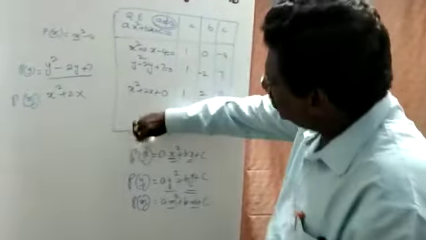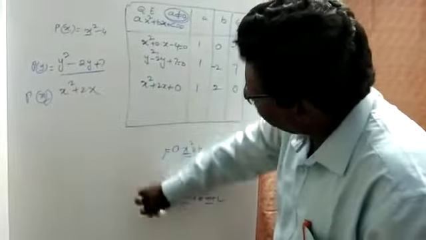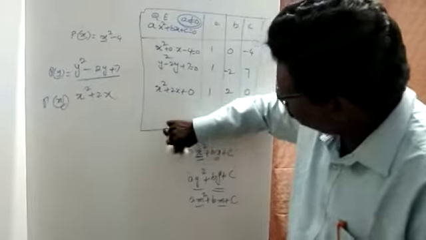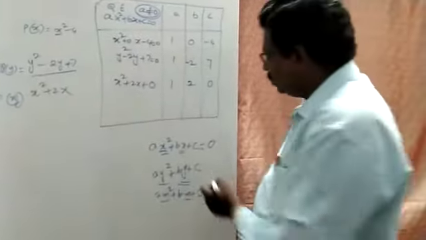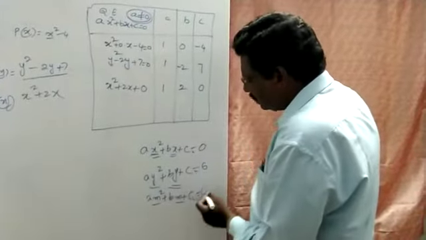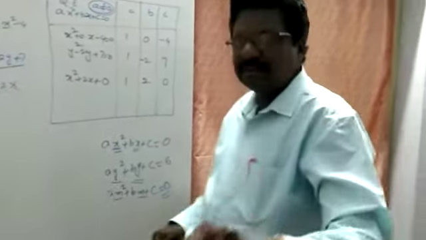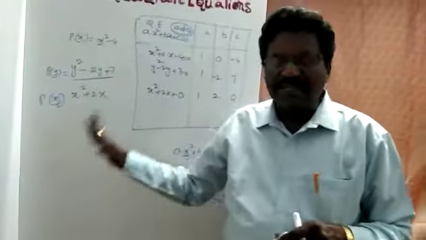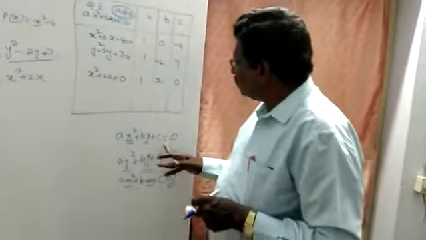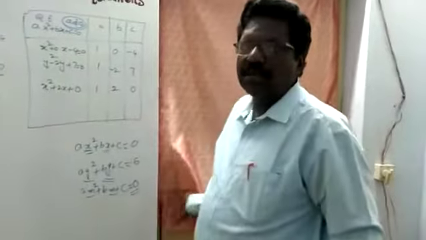When you put this equal to 0, this is called the quadratic equation. Did you understand students? What is the difference between polynomial and quadratic equation? The polynomial is the polynomial, and when you put it equal to 0, it is called the quadratic equation.